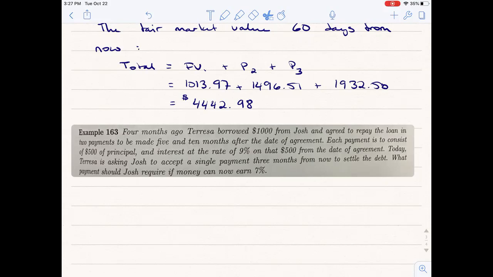So 4 months before today, I guess, Teresa borrowed $1,000 from Josh and agreed to repay the loan in 2 payments to be made 5 and 10 months after the date of the agreement.